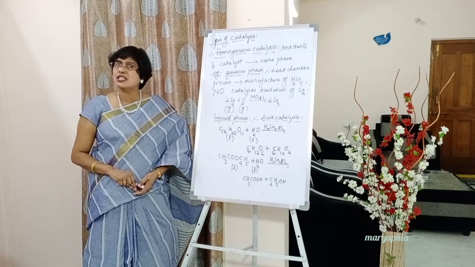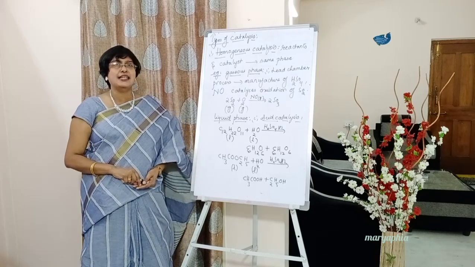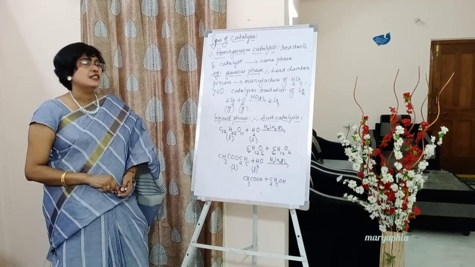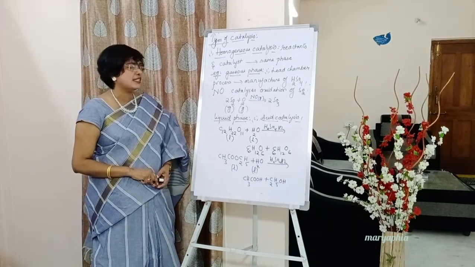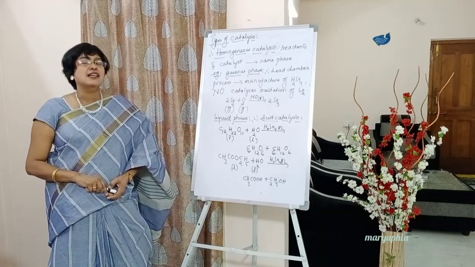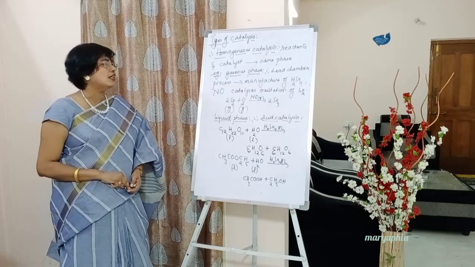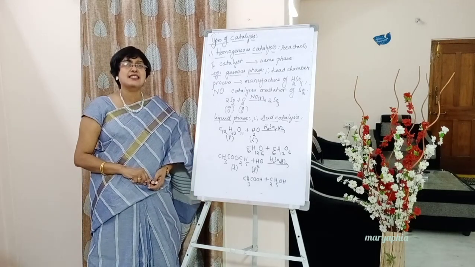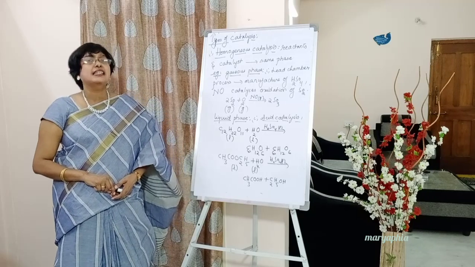If we observe, sulfur dioxide, SO2, is a gas, oxygen O2 is a gas, and NO is also a gas. So both the reactants and catalyst exist in the same phase, that is gaseous phase.